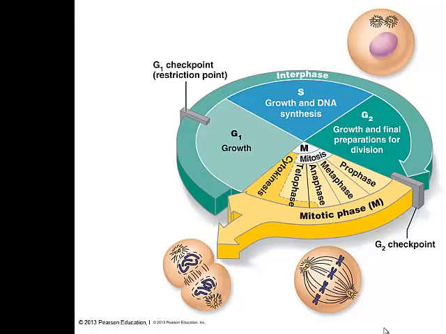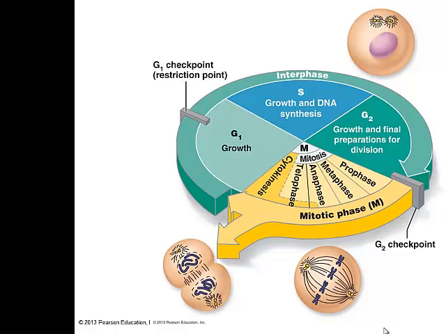In order to reproduce the cell, I have to make sure that all the directions I have to do what I'm supposed to do for a living go with the new cells. And what were the directions? Where were those located? In the DNA.